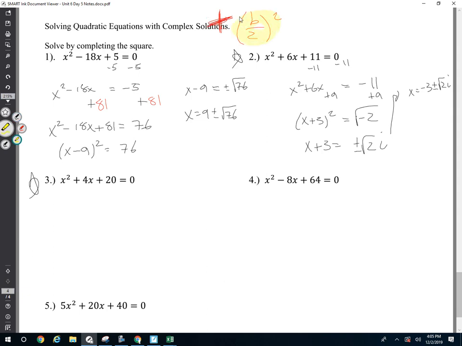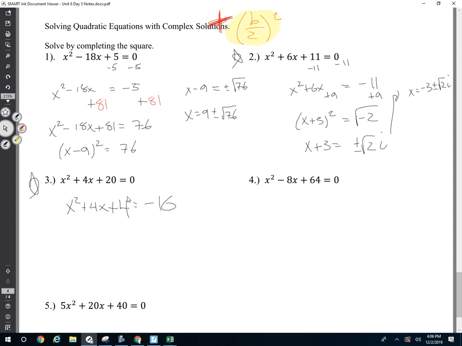What is the number I add to both sides after I've subtracted the 20? 4 is correct. B divided by 2 squared. 2 squared, 4. Add 4. This turns into negative 16.